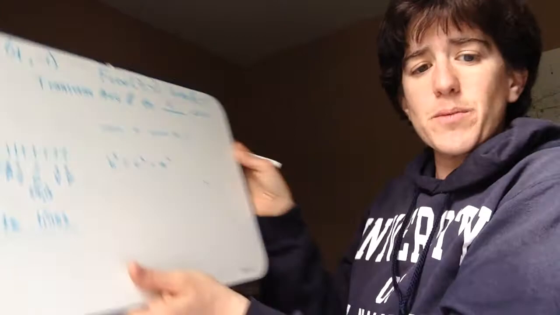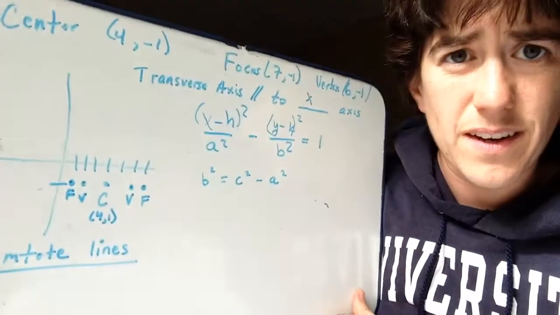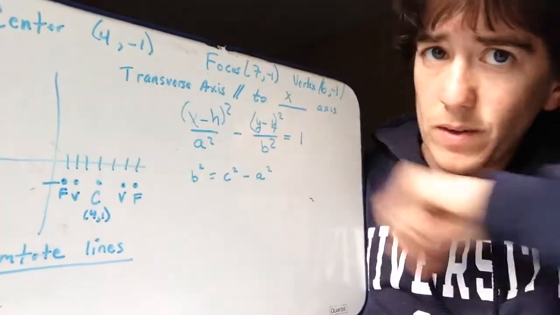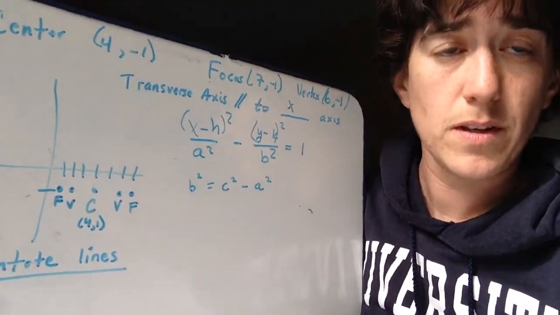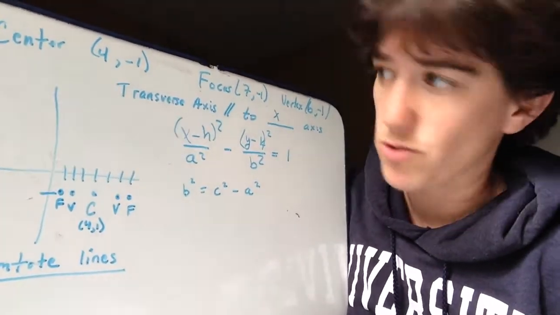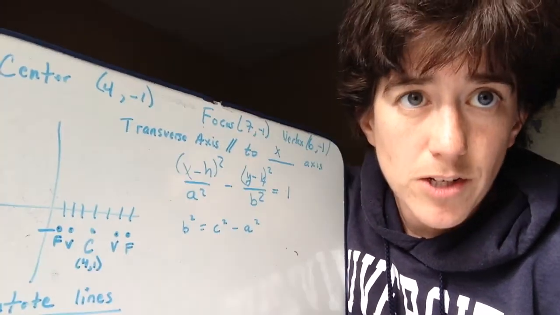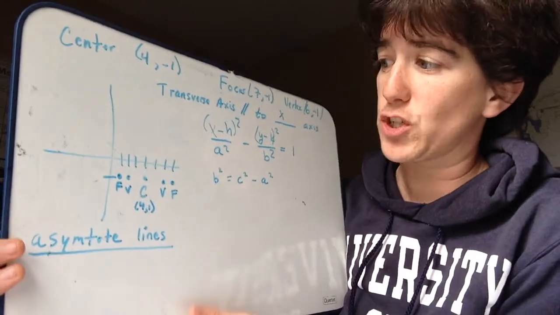Therefore, the equation I'm going to make use of is x minus h squared over a squared minus y minus k squared over b squared. Here is my equation, which I've taken from the board we just looked at. Let's start to put in the information that you and I know for sure.